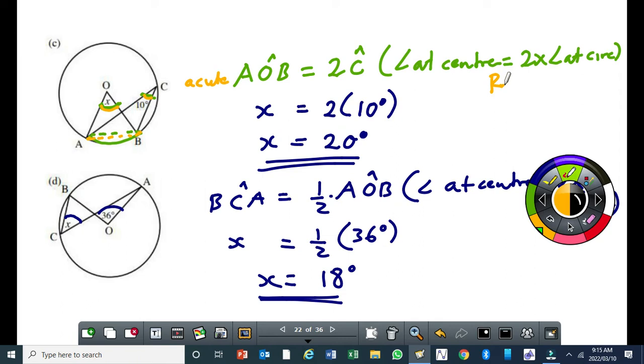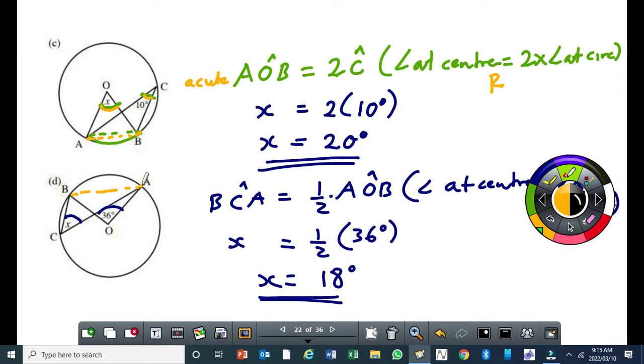In this case, it's going to be chord or arc AB. Chord or arc AB subtends the angle which is equal to 36 degrees at the center, also angle X which is at the circumference.